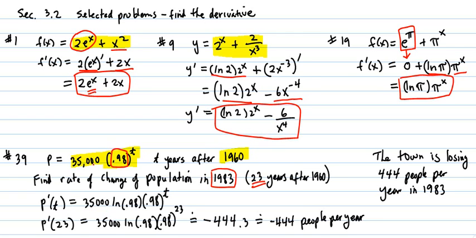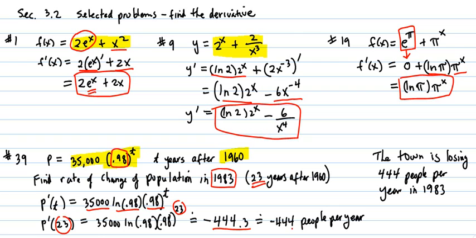The derivative of a constant times a function is constant out in the front. Derivative of 0.98 to the t is log 0.98 times 0.98 to the t. We plug in the 23 right here, evaluate it out, and you get negative 440.3.